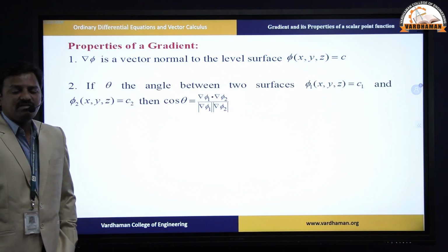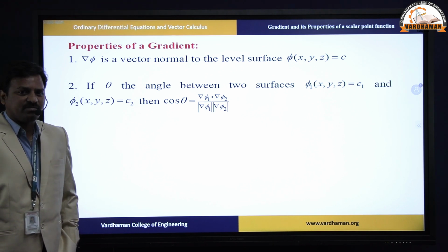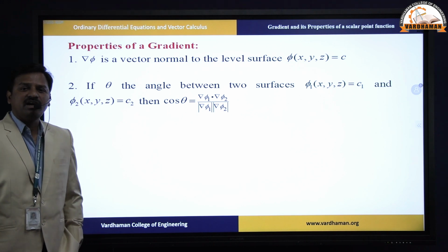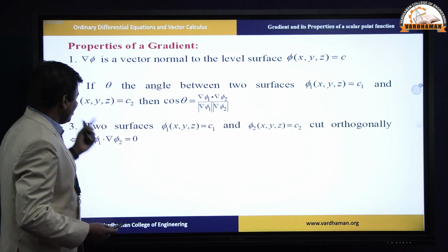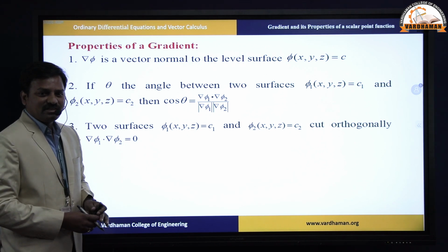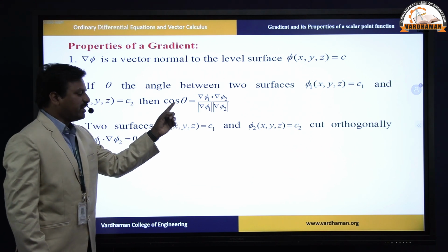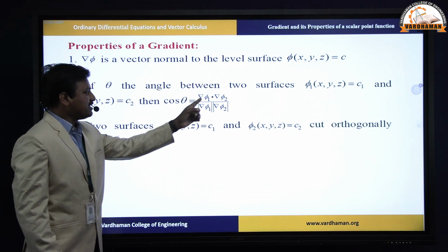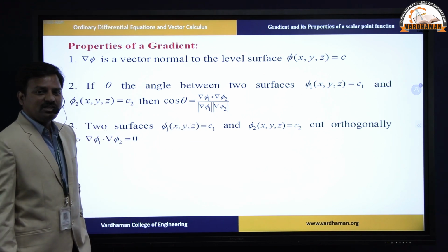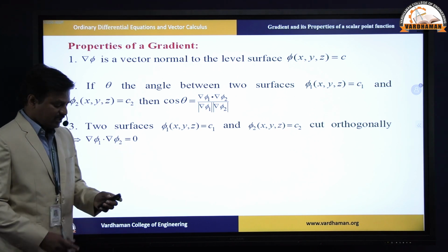Second property: if theta is the angle between two surfaces phi 1 and phi 2, then cos theta equals del phi 1 dot del phi 2 by mod del phi 1 into mod del phi 2. If two surfaces cut orthogonally, then the angle is pi by 2, that is theta equal to pi by 2. Then cos pi by 2 is 0. This implies del phi 1 dot del phi 2 by mod del phi 1 into mod del phi 2 equals 0. From this we get del phi 1 dot del phi 2 equal to 0.